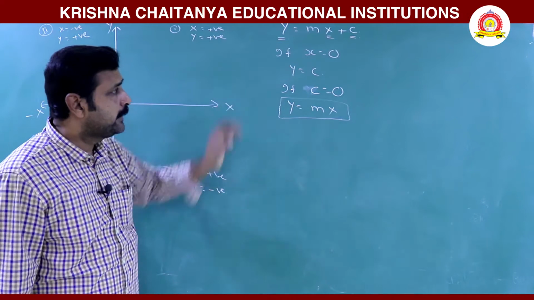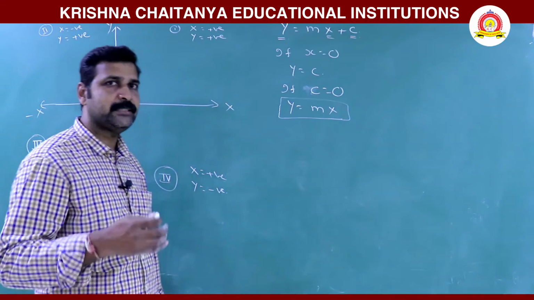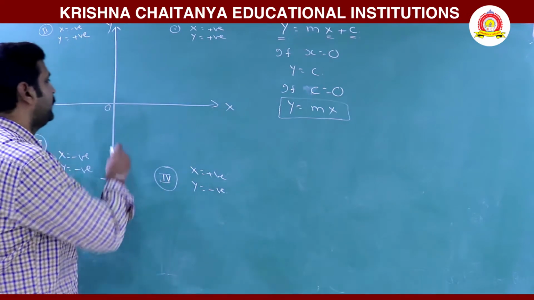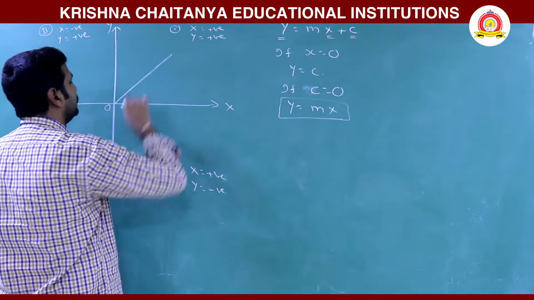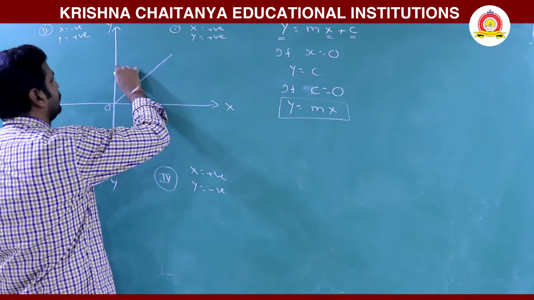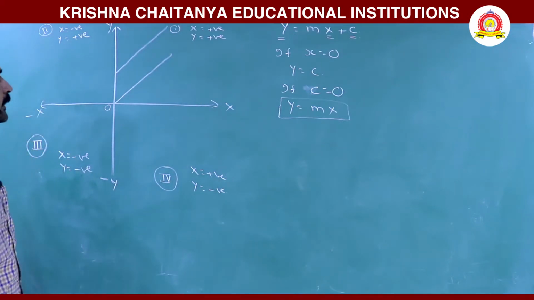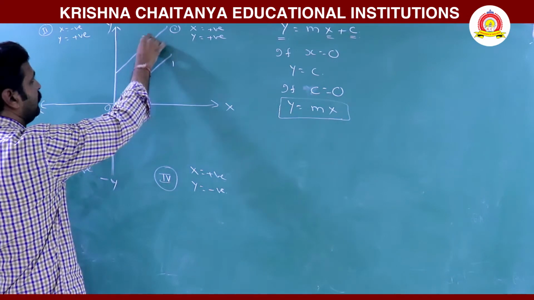What does it mean by not intercepting with the y axis? For example, if we draw two graphs for comparison, this is one graph, this is another straight line. So here, this is graph 1, this is graph 2.